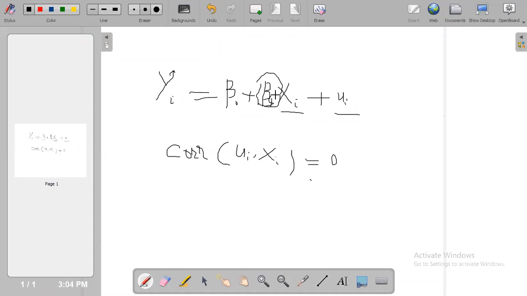So this assumption is saying that the information in the form of beta 1 that you are getting regarding the effect of x on y is not shared with any other x variable in your model. So x is telling you all it can regarding the behavior of y, and no information about the effect of x is shared with any other x variable which is part of the disturbance term.